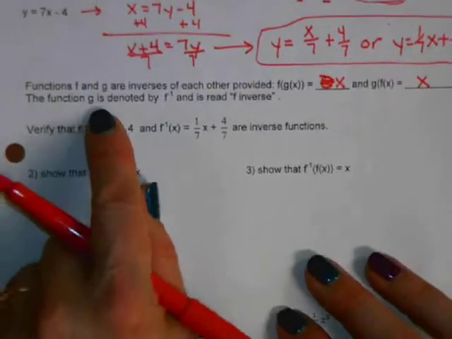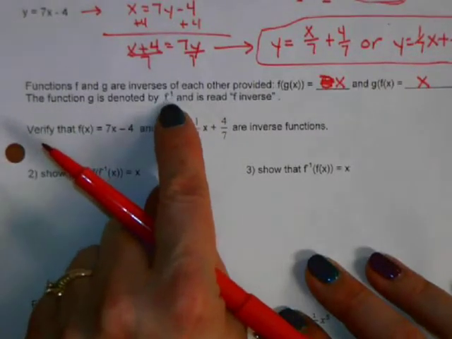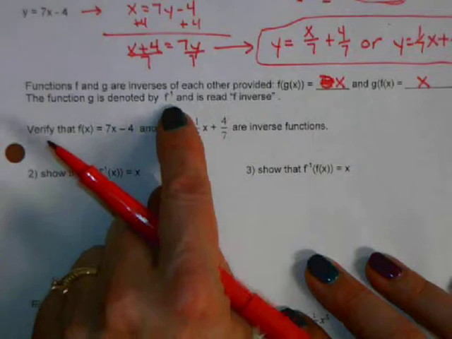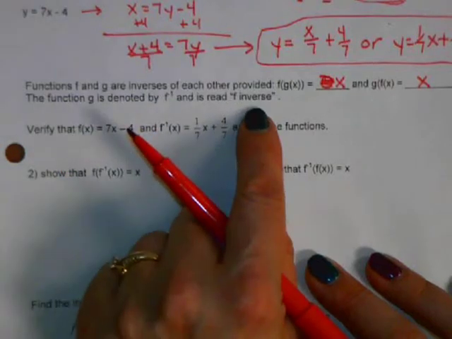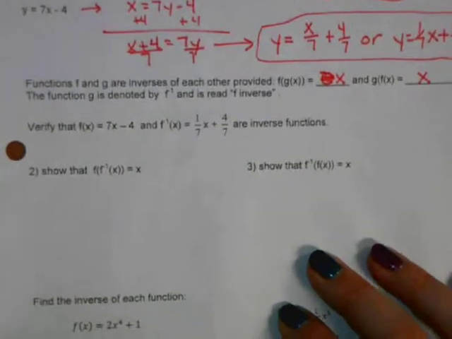The inverse of f is denoted f to the negative 1, which is read f inverse. So if you take the inverse of something, you would write it as f to the negative 1 of x. It's just a way of writing it.